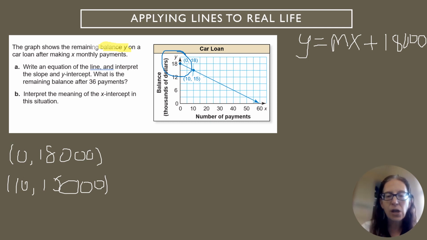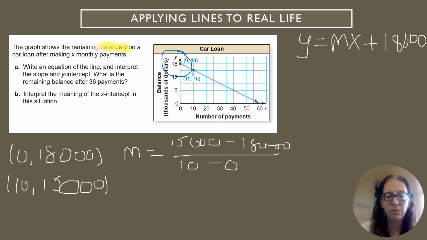All right, so now I can see the line tilts down, so I am going to have a negative slope. We'll do 15,000 minus 18,000 over 10 minus 0. I love zeros. If you haven't heard it yet, and some of you have, 0 is my favorite number.